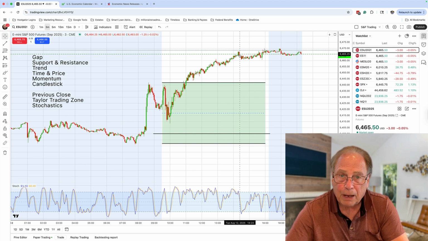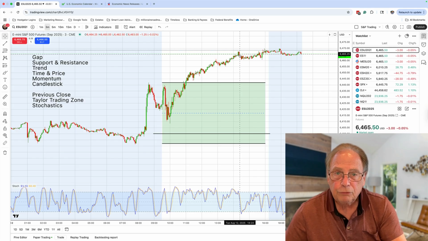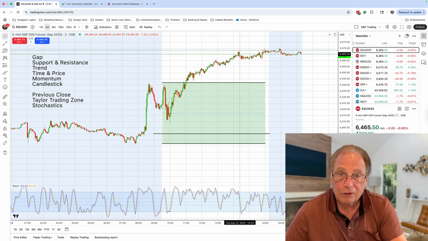Typically a hammer at the bottom of a decline or a hanging man at the top of an upswing. But there are candlestick patterns. There are confirming indicators. There's the Taylor trading zone, and then there's the gap, which of course is one of the 6 trade setups.